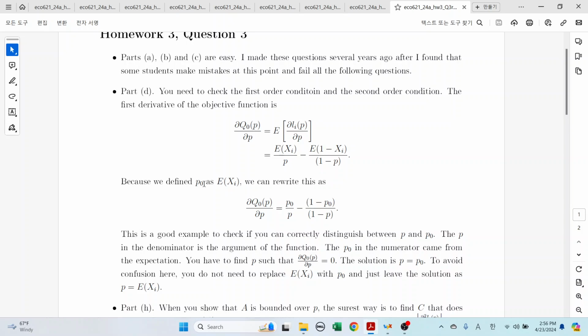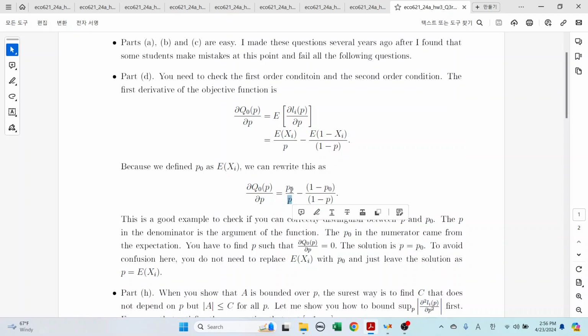But earlier we defined P0 as the expectation. So the derivative has an expectation. Some of you replaced this expectation with P0. This is correct. And this will be replaced by 1 minus P0, right? From here, you have to be careful because in this function, you have P and P0 at the same time.